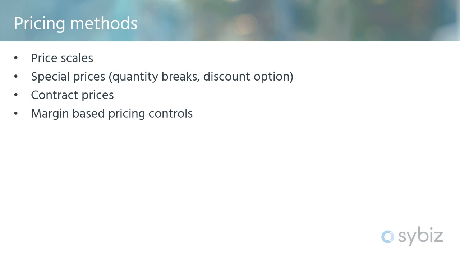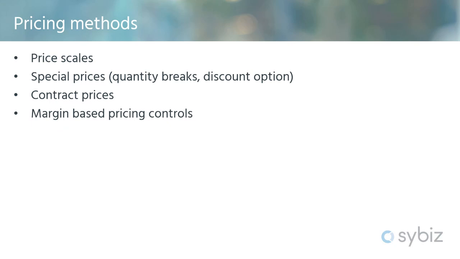Okay, on to pricing. Essentially there's different ways of determining price within Sybiz Vision. I guess the traditional way is your price scales. So you could just purely have price scales in your system and just keep it nice and simple, not worry about any of the other options. But the other options are your special prices, where you can also have quantity breaks.